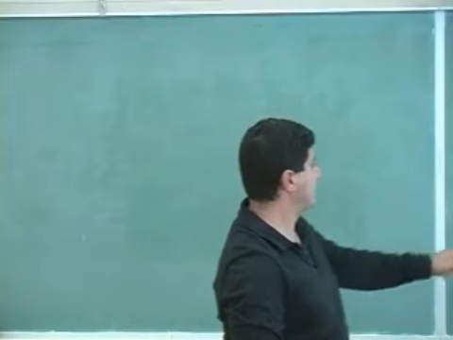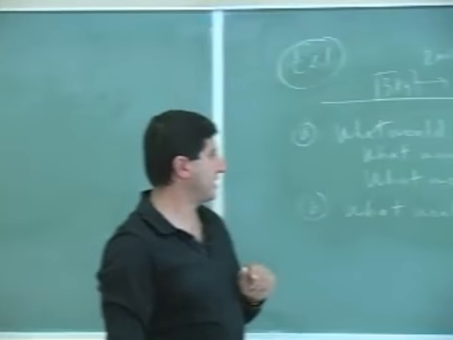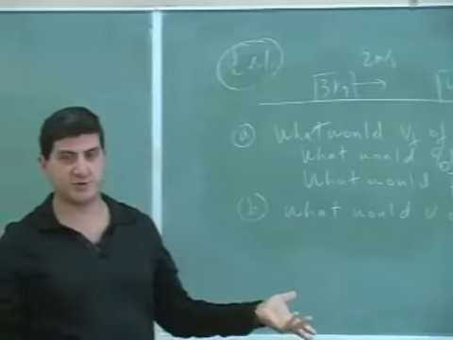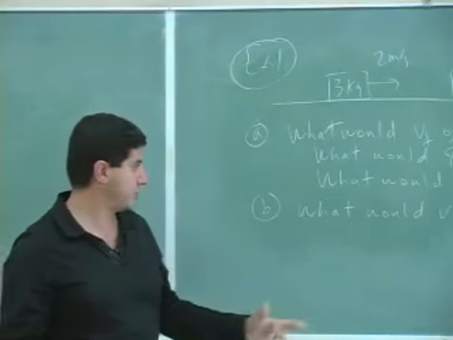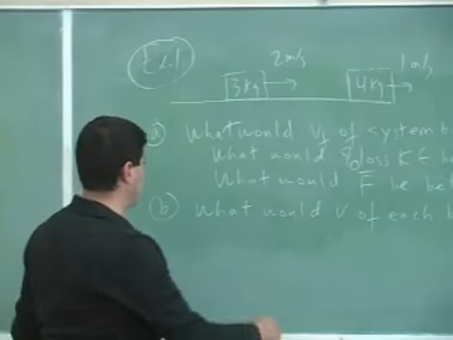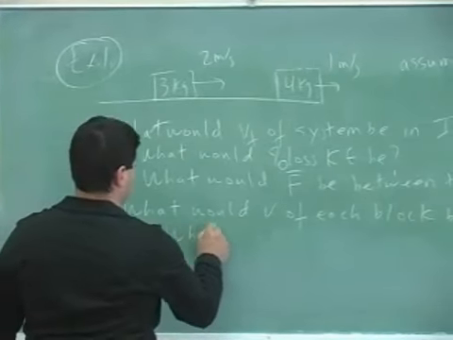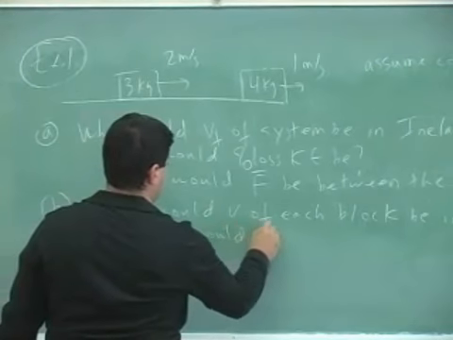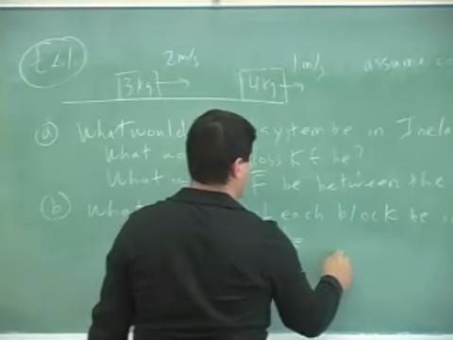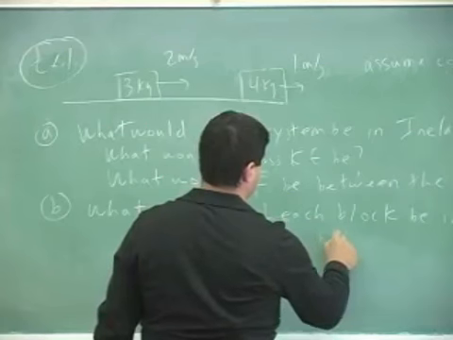And then in that case, I'm not going to ask what's the loss of kinetic energy because there is no loss of kinetic energy in an elastic collision. But I could ask this question: what would F average be between blocks?